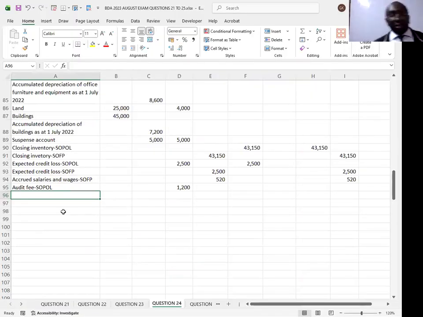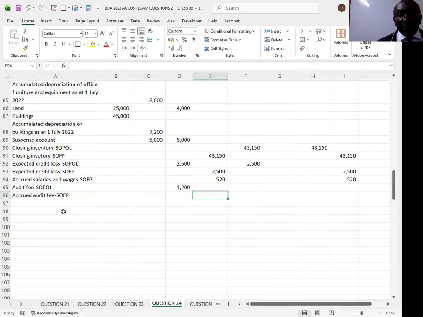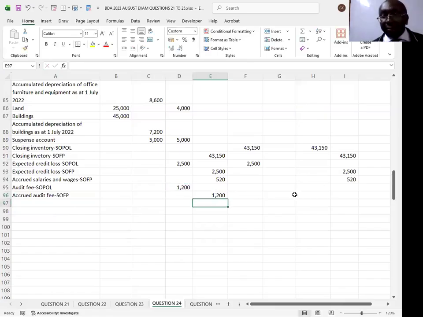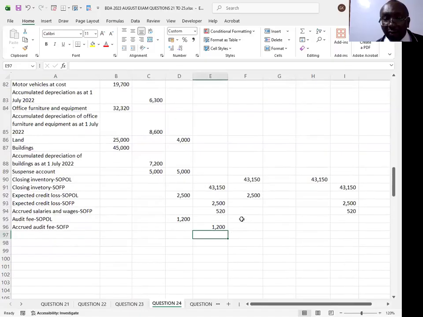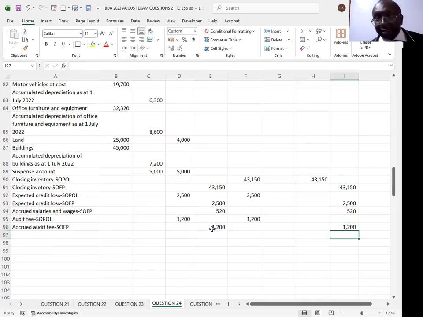Now that we did not pay, this qualifies to be called accrued audit fee. It is a current liability that should go to the statement of financial position. So we credit here. And then this one, we come and debit here. Alafu sasa hapa, we come and credit.